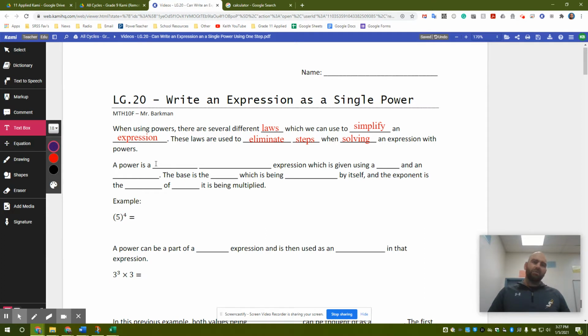Now, again, let's go through a little bit of review here. A power is a repeated multiplication expression, which is given using a base and an exponent.